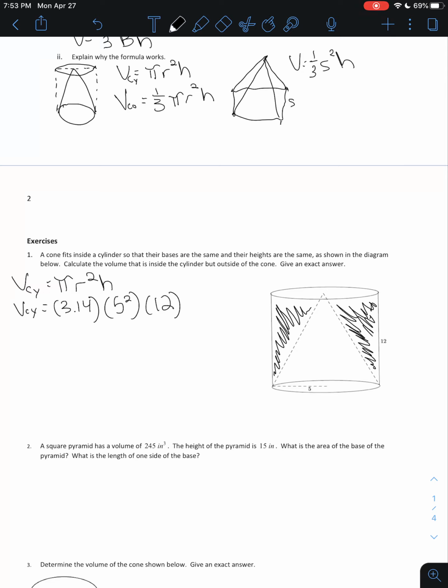So now all you have to do to get our final volume is multiply all these things together. You can use your calculator for that. I got 942.